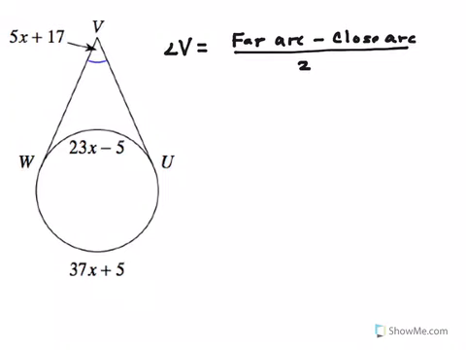And we have this formula here that tells us that the angle that is formed by the two tangents, which is V, which is this angle here, is equal to the far arc.